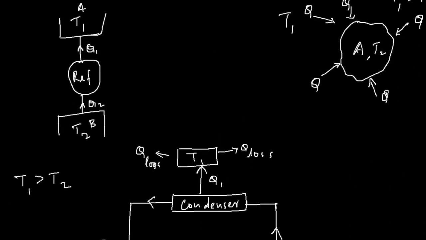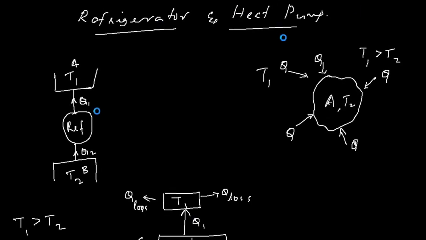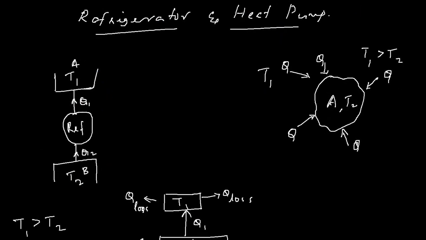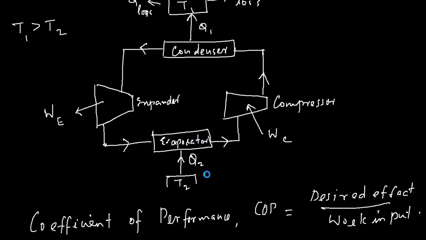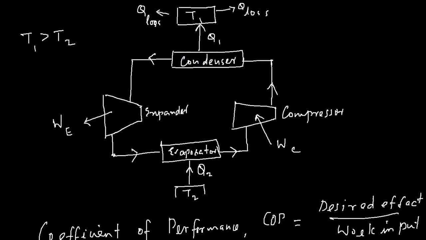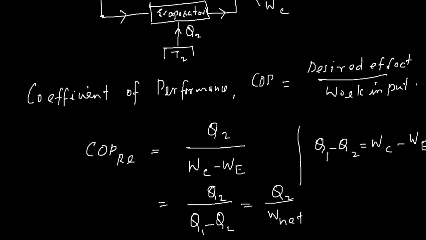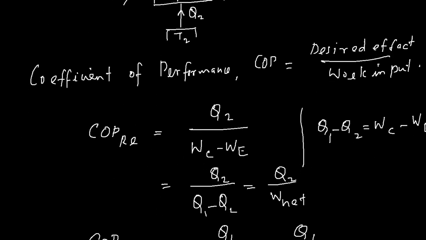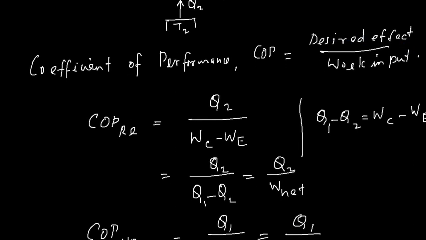So once again, for all the things that we mentioned in the video, the refrigerator and heat pump both operate in the same cycle. The only difference is that the refrigerator tries to maintain the low temperature, whereas the heat pump tries to maintain the higher temperature of the two sinks. Now, the efficiency of the heat pump and refrigeration cycle is called the coefficient of performance, and that is the desired effect over work input.